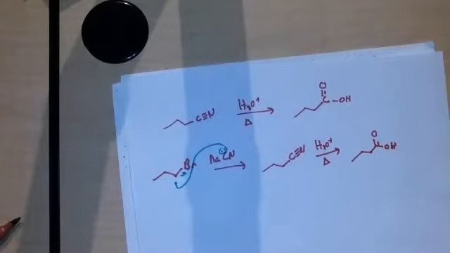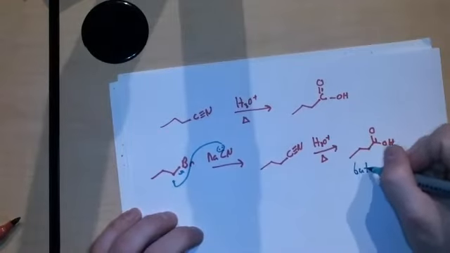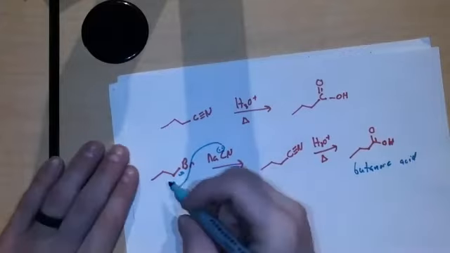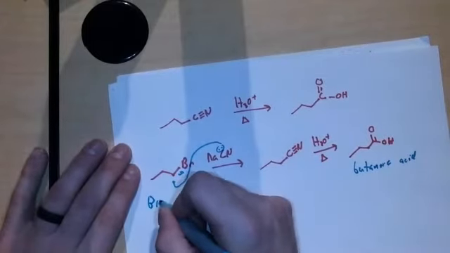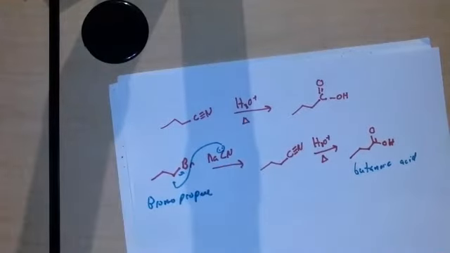If we look at this compared to our last page, this is also butanoic acid, versus bromopropane. So again, this is another way to add a carbon, similar to that CO2 mechanism or little mini synthesis. Either way, you are physically increasing the number of carbons in your molecule by 1.